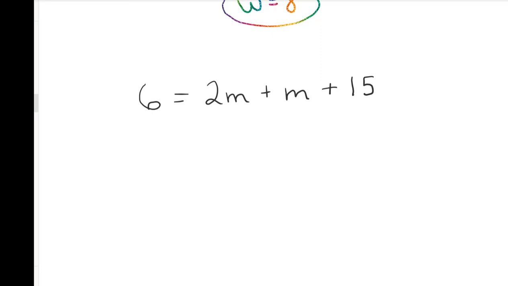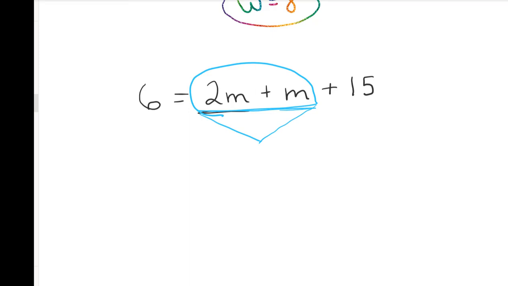Now this one is switched. On the right side I have my variables, but we still do this the same way. So we have 2m, and then we have m. These two we're going to combine into one term.